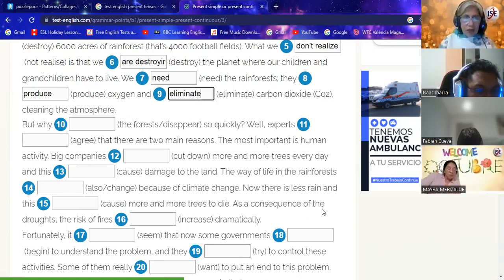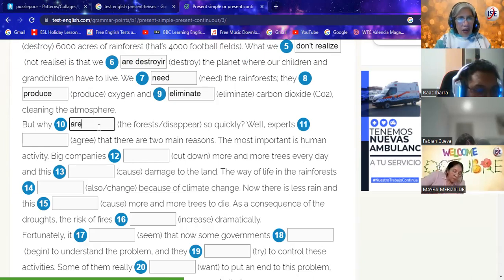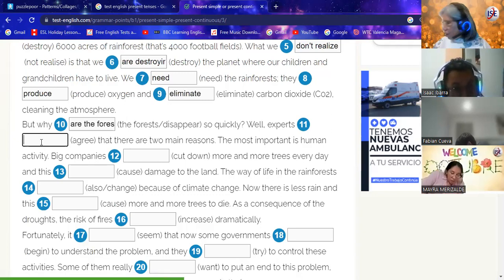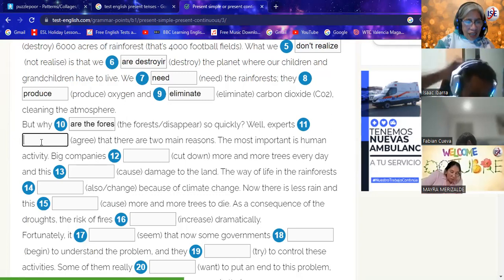Why are the forests disappearing so quickly? Well, experts, Nayeli, agree or are agreeing? Agree, just agree. Agree that there are two main reasons.